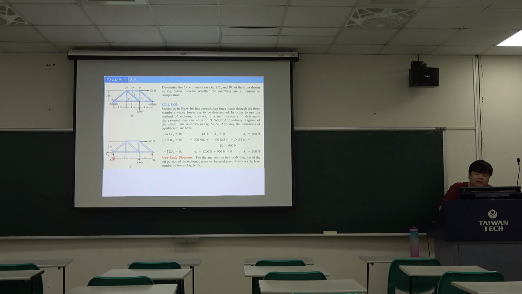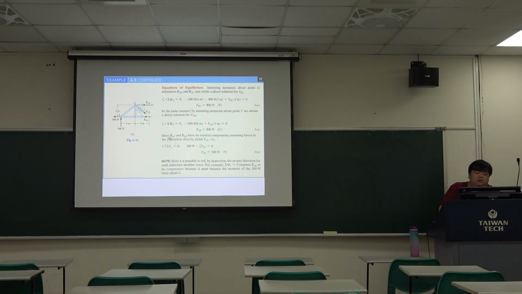We can get the external forces first. Then, because we cut the truss at section A, we want to know the FGE, FGC, and FBC values. So we can set the moment point at point G and sum moments equal to 0.